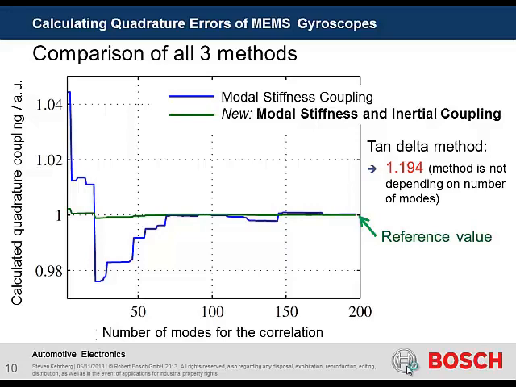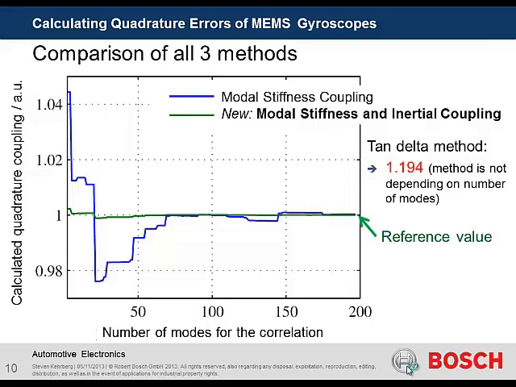And what you see here is that when you use a larger number of modes, both methods give us the same value. So that is quite nice that we have different methods, and also if you use simpler mode shapes, so without this bending and warpage and so on, then the tangent delta method would also give us the same result.